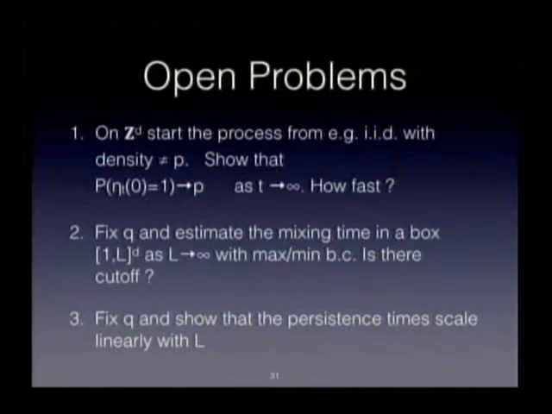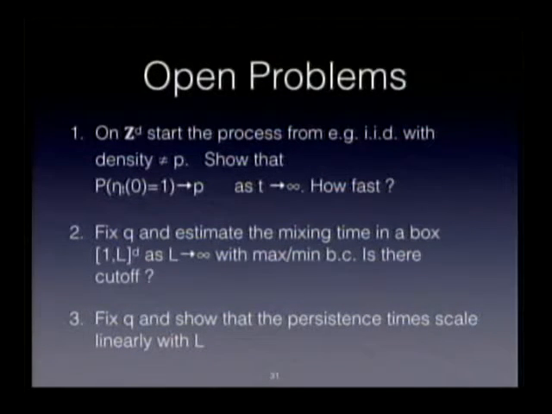Okay. Now, the second question is: fix q. So q is not going to 0, nothing. And estimate the mixing time in a box for large L with, say, maximal and minimal boundary condition. Does it depend on maximal or minimal boundary condition? Is there a cutoff phenomenon for the process?